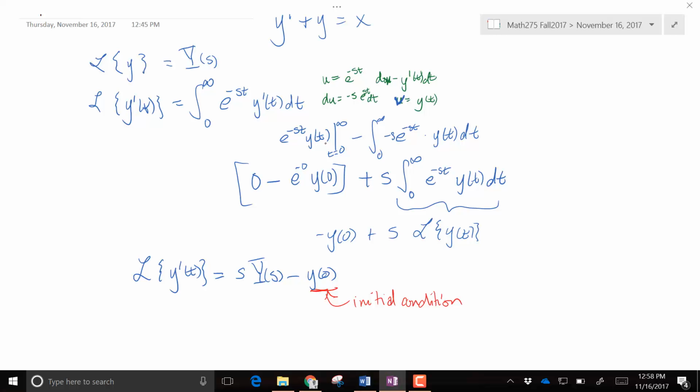Well, y could possibly be an exponential, but it has to be an exponential function that would work well with e to the negative st. So there are restrictions in doing this, and we'll just assume that the restrictions will take care of themselves. Or you can look through the theoretical part in the book and get the information from there.